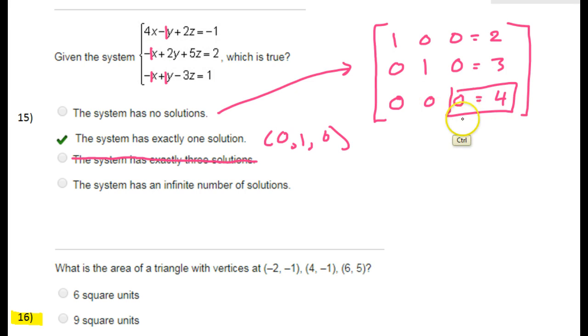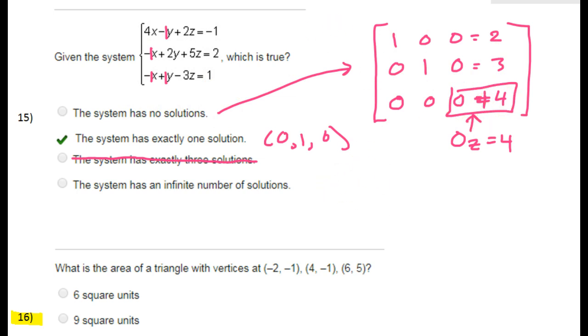Because this would mean 0z, for example, is equal to 4. But, well, 0z is just 0. And we know that 0 does not equal 4. This is a false statement. So this is what it would look like if there was no solution. You'd have a 0, and it would be a false statement.